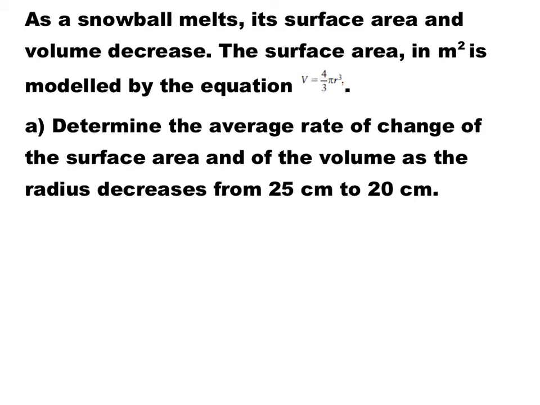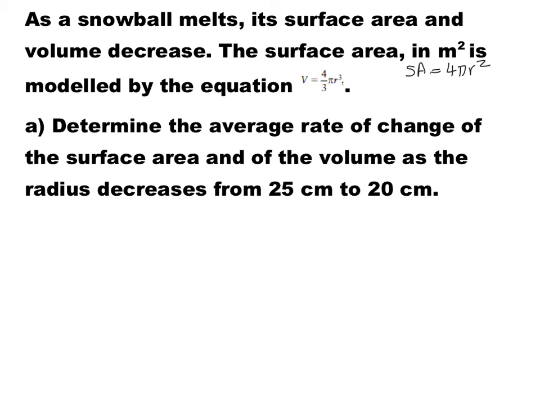Now the formula for the surface area is given by the equation surface area is equal to 4 pi r squared, and the equation for the volume is given by V is equal to 4 over 3 pi r cubed. Part A says determine the average rate of change of the surface area and of the volume as the radius decreases from 25 centimeter to 20 centimeter.